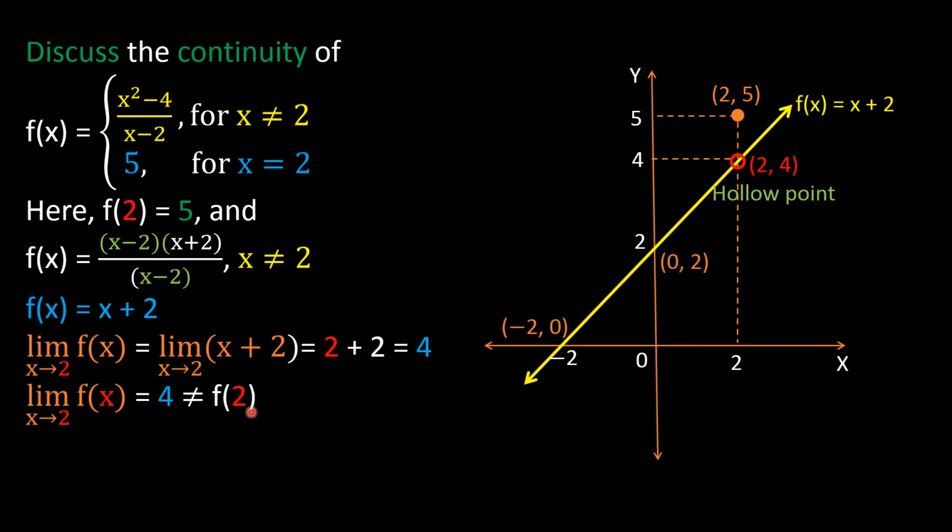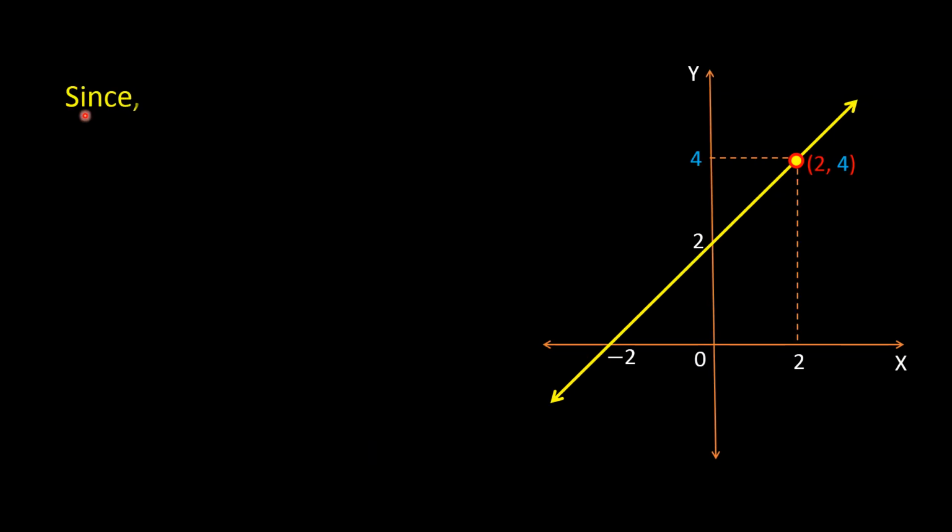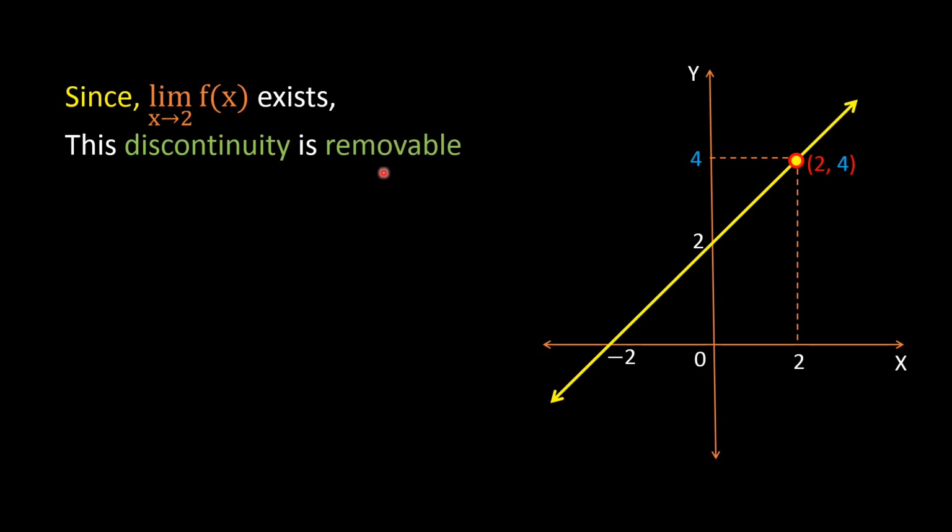So there will be a break in the graph of this function at point (2, 4). Hence, function f is discontinuous at x equals 2. Since the limit of f(x) as x approaches 2 exists, the discontinuity of this function is removable.